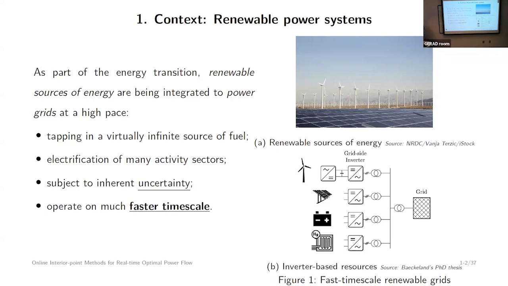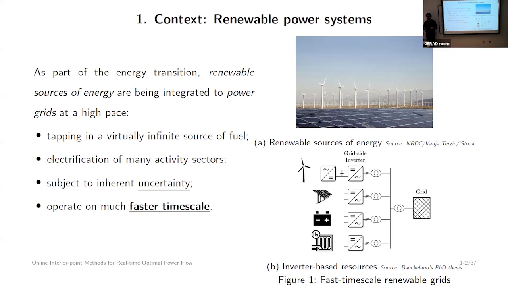So the demand is greatly increasing because many sectors of activities are also electrified. We can think of transportation. We could think on the demand side of just people moving from gas heating to electric heating. Maybe that's not super common in Quebec, but just moving one province over, and we'll get a lot of gas heating power plants.